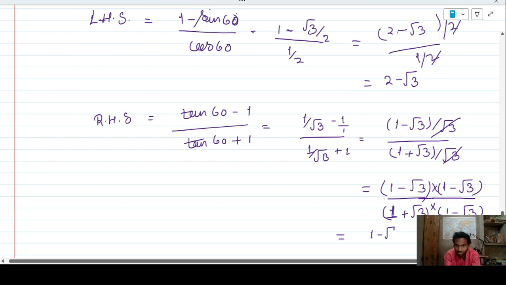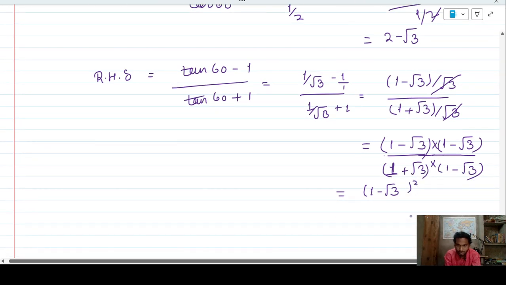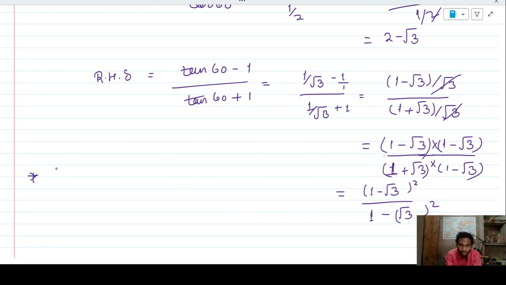1 minus root 3 whole square upon 1 minus root 3 square, because here we use the property a square minus b square equals a plus b into a minus b.